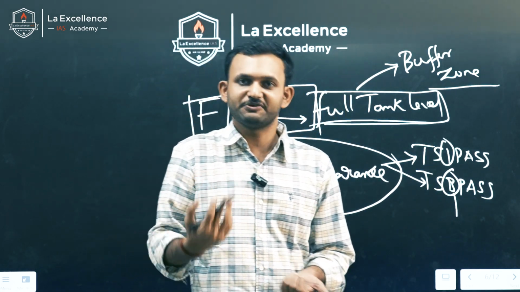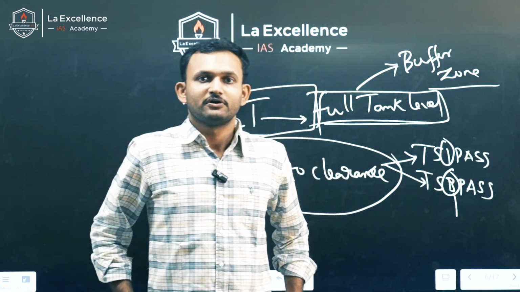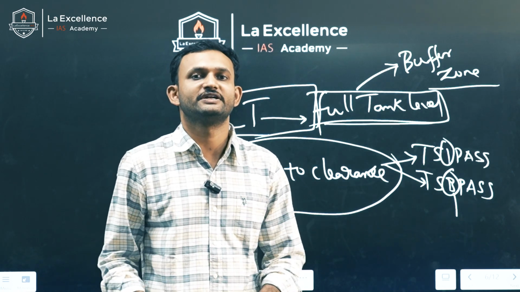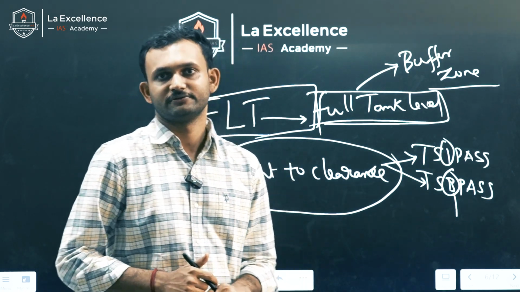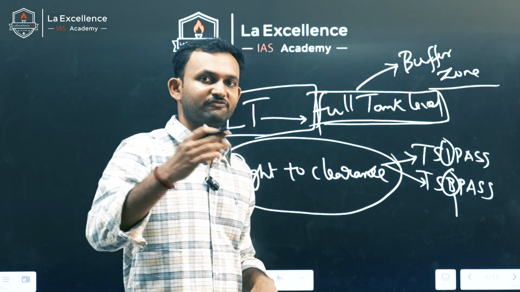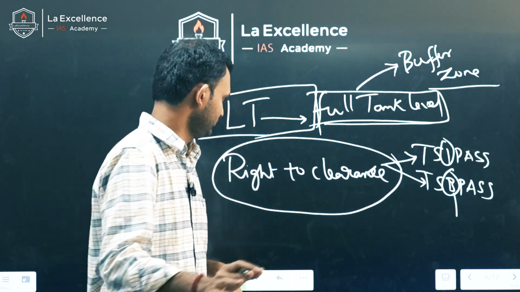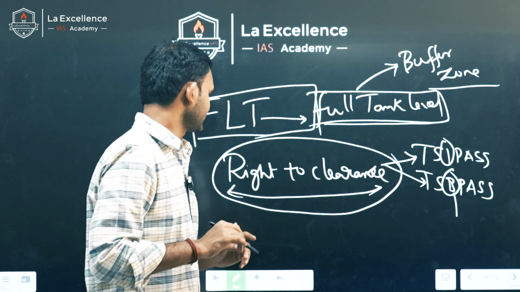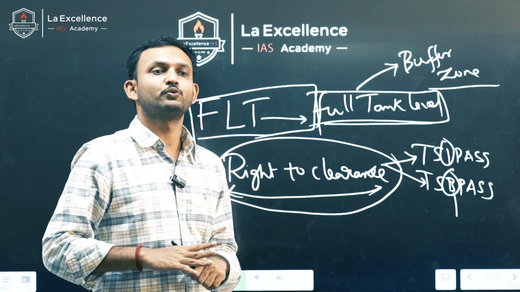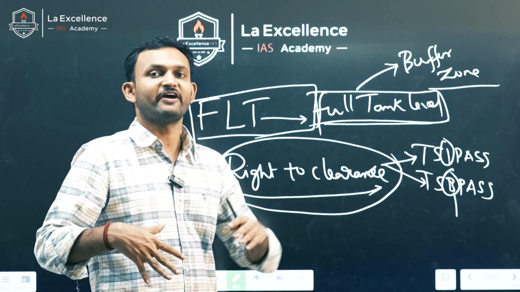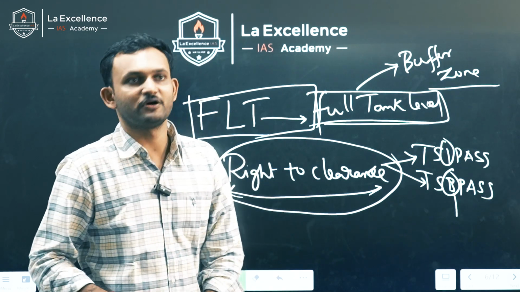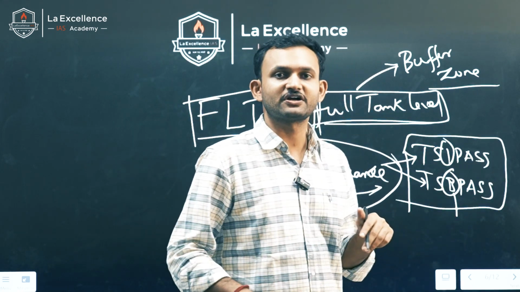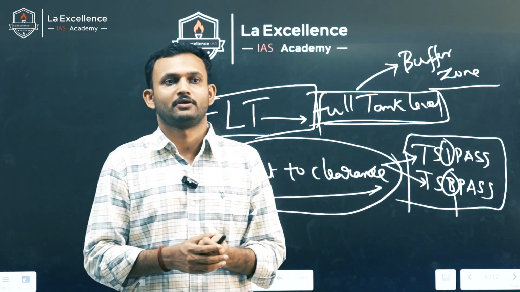To avoid red tapeism or delay in approvals, there's a scheme that if you don't get approval within 14 days, it is deemed to be cleared. So if the permission is not granted within 14 days, it is deemed to be cleared. So in the hurry, many structures started construction without any approval or without the final approval, and it was deemed to be permitted. So this problem has allowed many people to construct within the Full Tank Level.